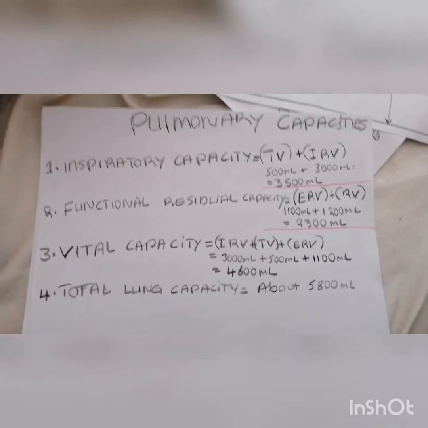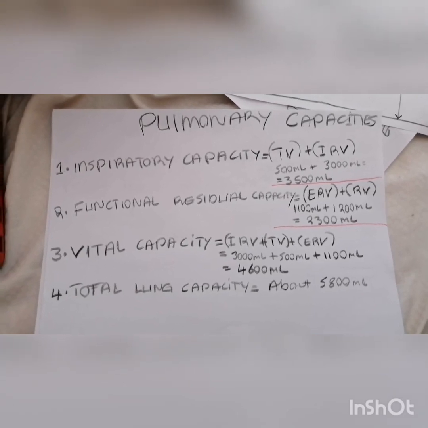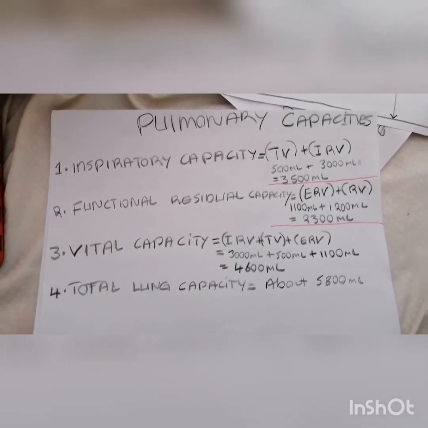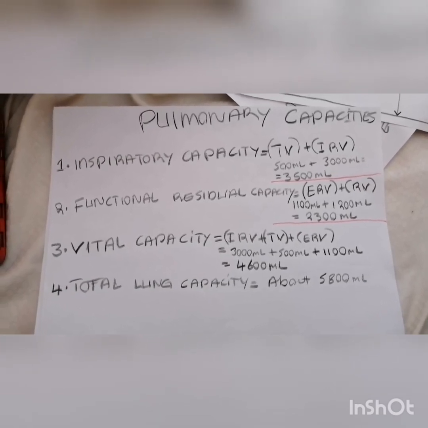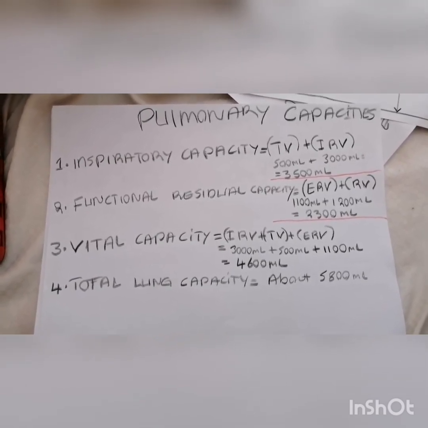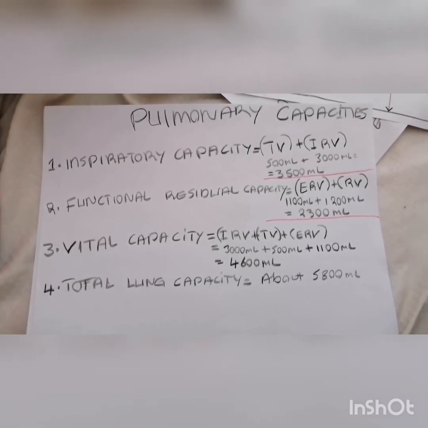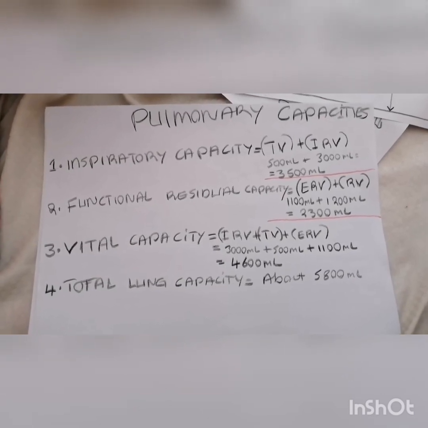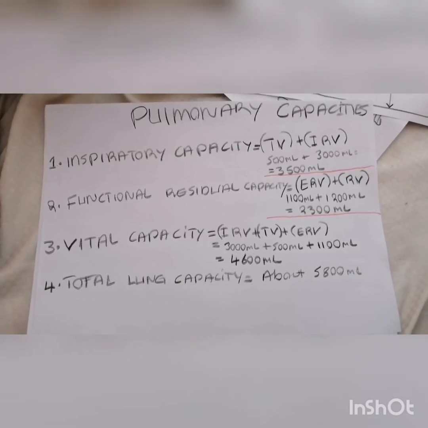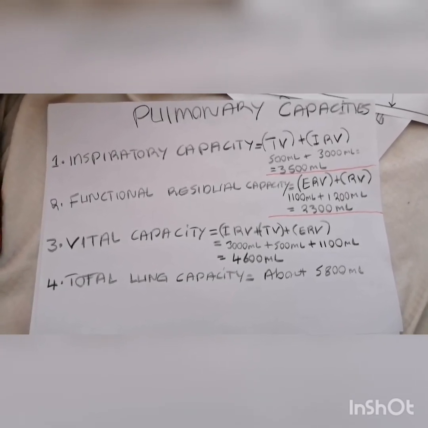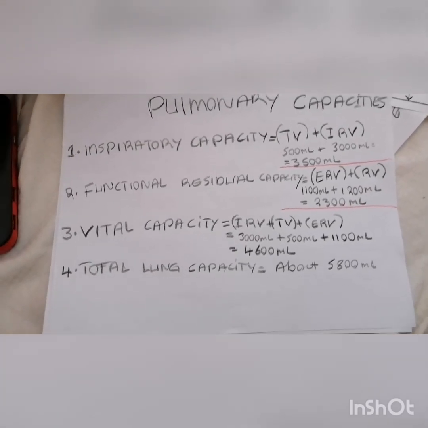And now pulmonary capacity. Inspiratory capacity is simply tidal volume plus inspiratory reserve volume, which is 500 milliliters plus 3000 milliliters, which equals 3500 milliliters. Functional residual capacity is simply expiratory reserve volume plus residual volume, which is 1100 milliliters plus 1200 milliliters, which equals 2300 milliliters.